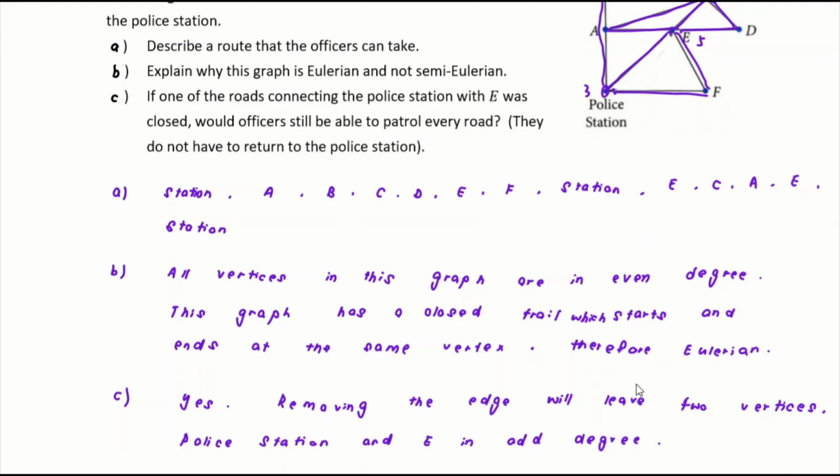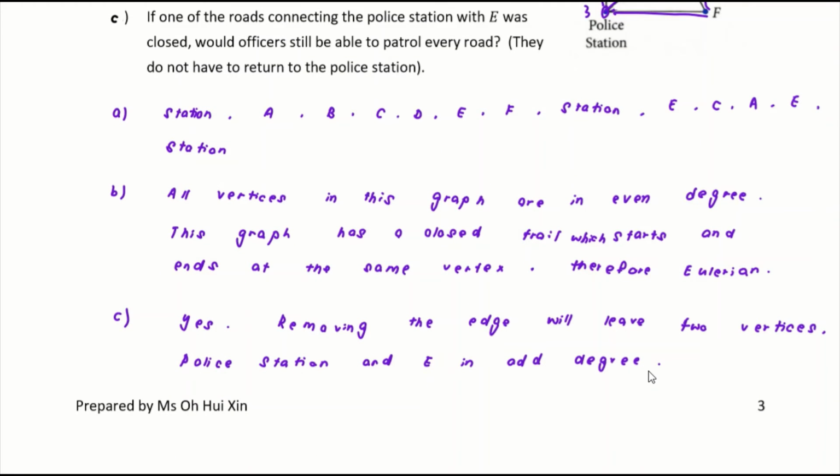Then after that, you need to explain it. So because you now have two odd degrees, and the others are even, right?